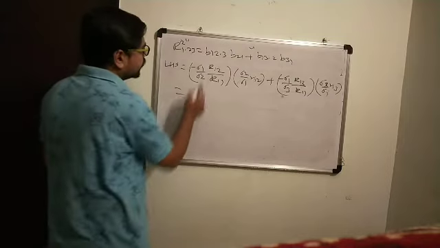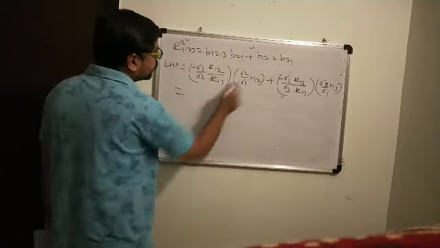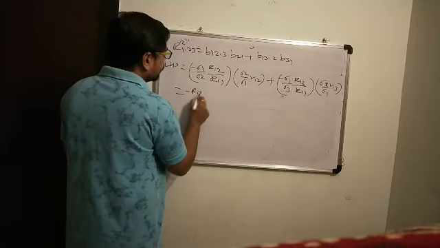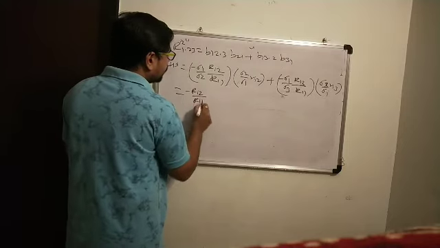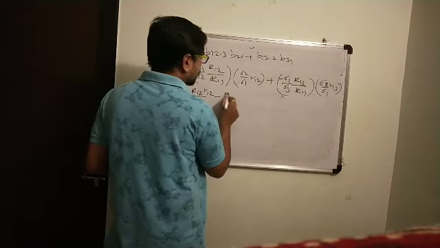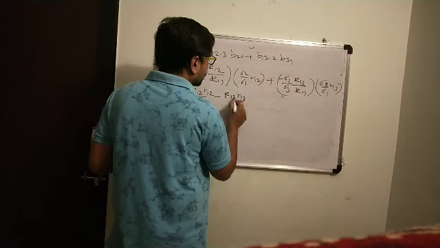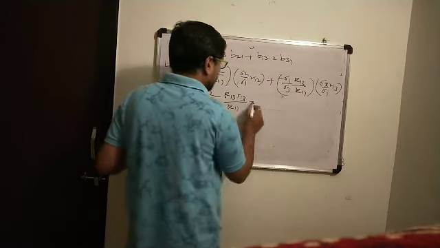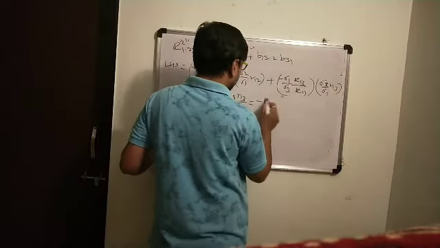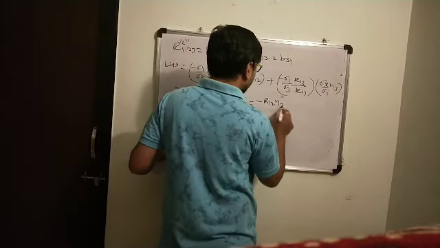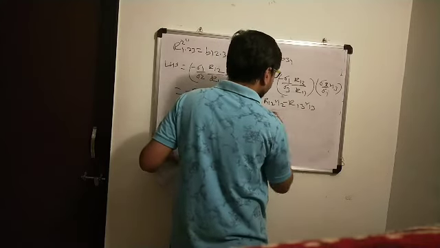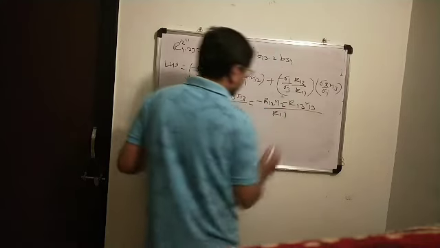So here sigma 1 by sigma 2 gets cancelled with sigma 2 by sigma 1. So we have minus r12 divided by r11 into r12 minus r13 into r13 divided by r11. So basically this denominator is the same, so minus r12 into r12 minus r13 into r13 divided by r11.